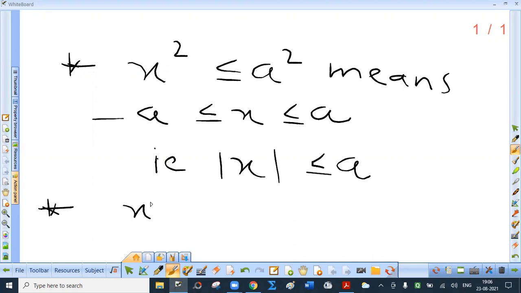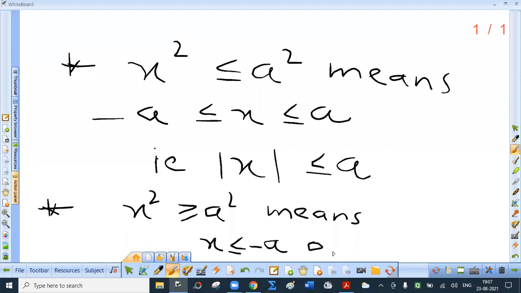Second, x square greater than or equal to a square. What does this mean? This means x is less than or equal to minus a, or x is greater than or equal to a. Why does this happen? Because the square of a negative number is also positive. Write down these two. See, you will require this a number of times.